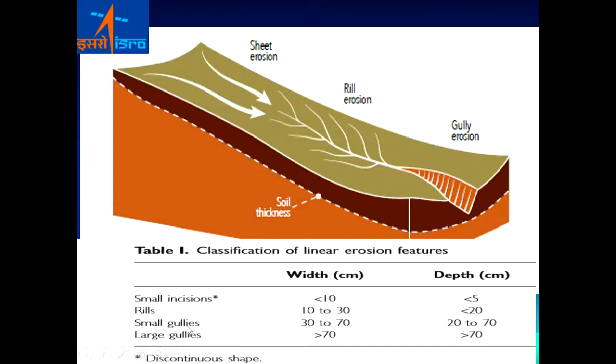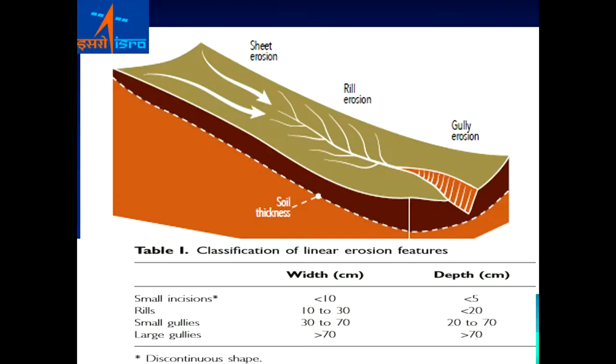Gullies can be divided into small gullies and large gullies. Small gullies are 30 to 70 centimeters wide, or up to 1 meter, and 20 to 70 centimeters, or up to 1 meter, deep. Large gullies are more than 1 meter deep and more than 70 centimeters wide.